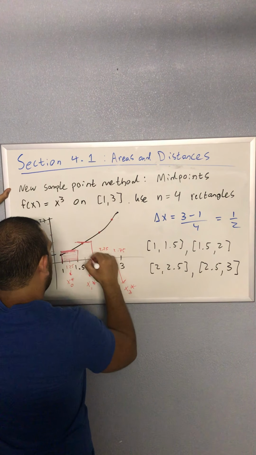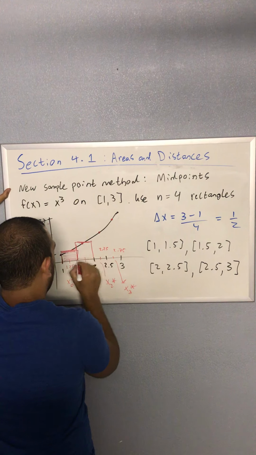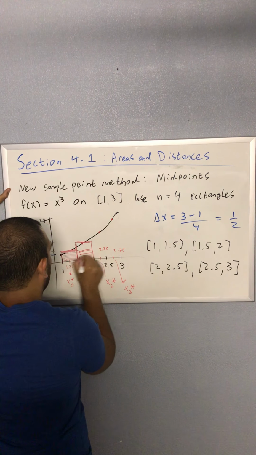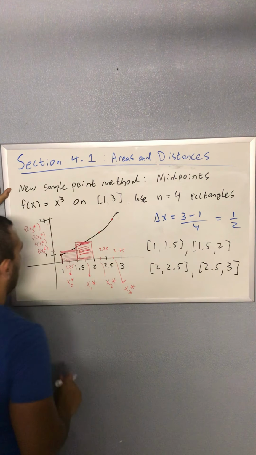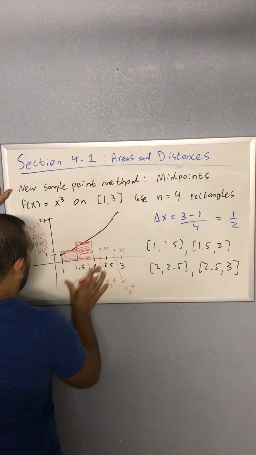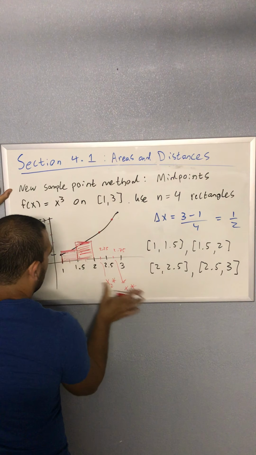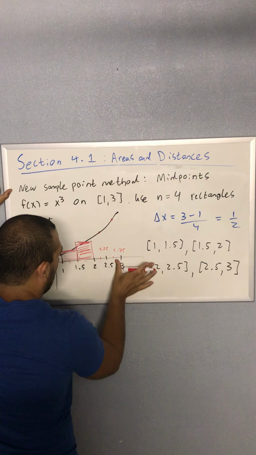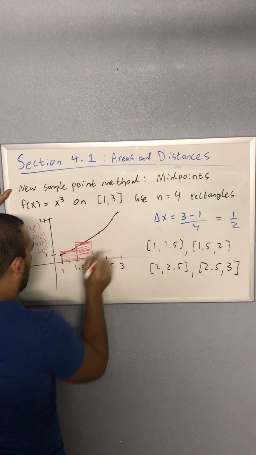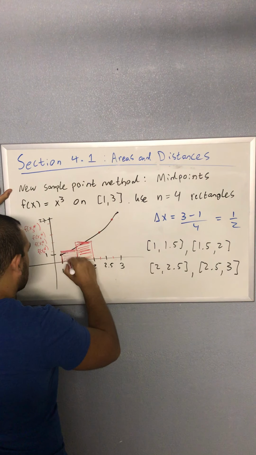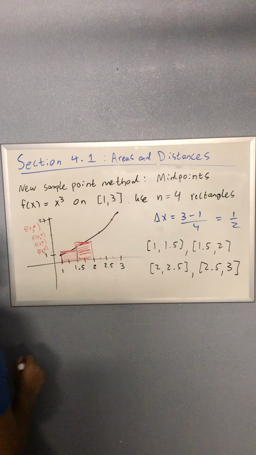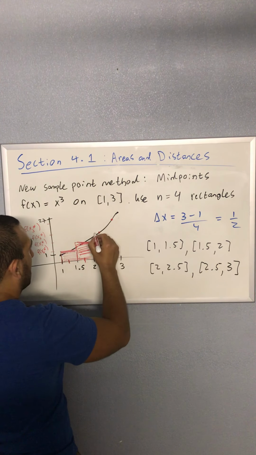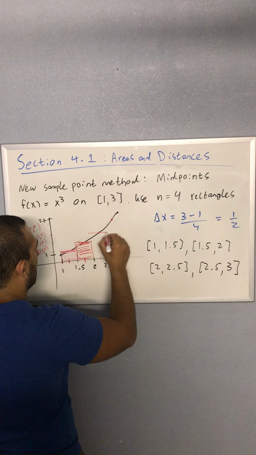I'll get rid of this here. Maybe just for clarity, we can get rid of this now, but still leave these to see that this is really the midpoint that we're using. And then here, we have that.